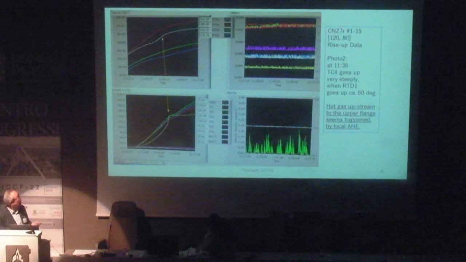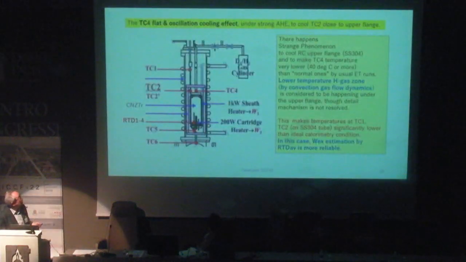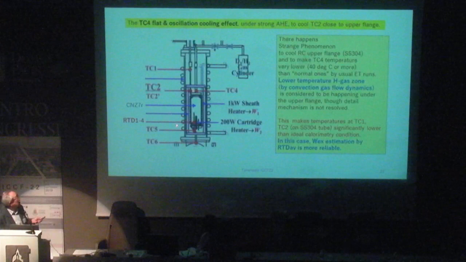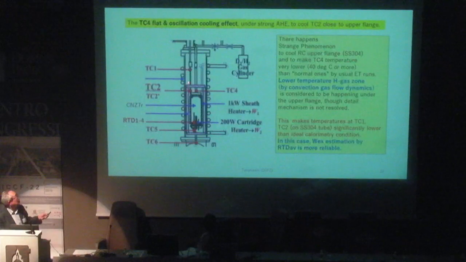So a kind of gas turbulence effect inside. Because of that, when we monitor the oil inlet and outlet temperature, especially the outlet temperature around here is disturbed by this turbulence effect cooling the upper flange. So the measured temperature is significantly underestimated.